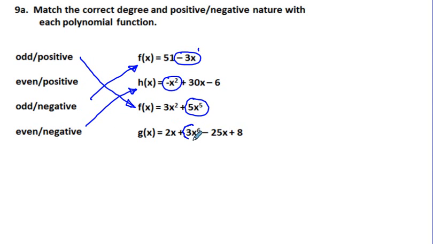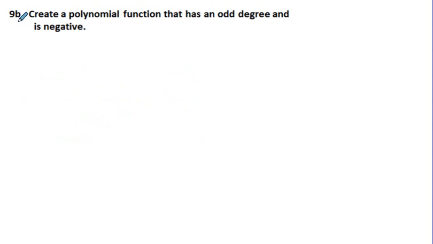So here's our leading term, and here's going to be our even positive right here. Okay, and 9b is the same type of problem, but actually asks you to create your own polynomial function based on being an odd degree and negative.